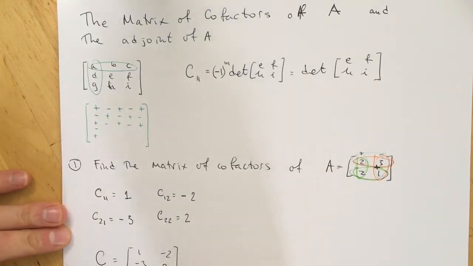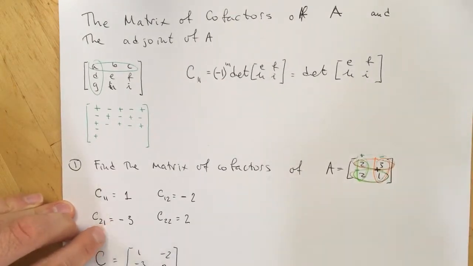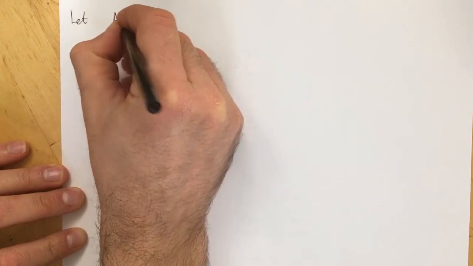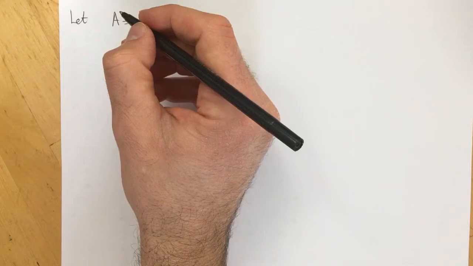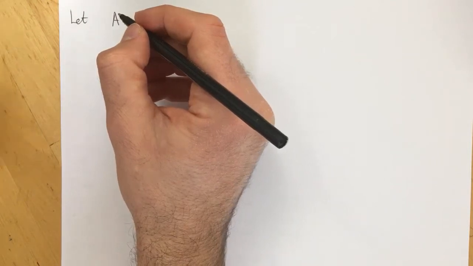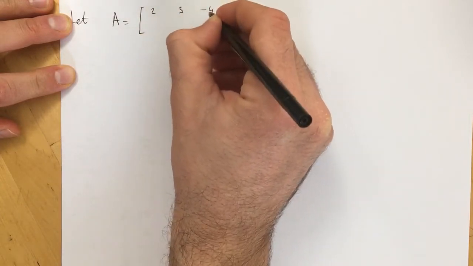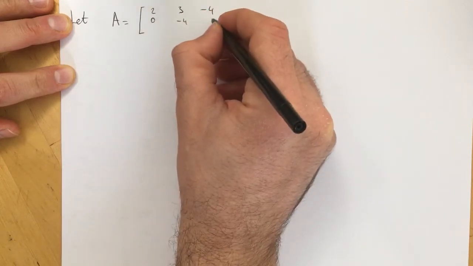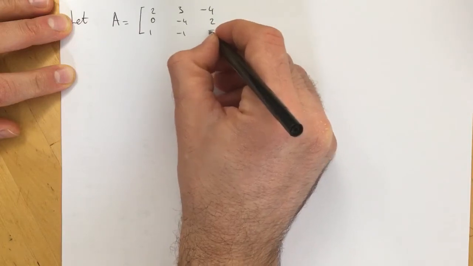So for a 2 by 2 matrix, this is very simple, okay? Things are becoming slightly more interesting because we have more calculation when we're talking about a 3 by 3 matrix. So let A be equal to the matrix 2, 3, -4, 0, -4, 2, 1, -1, 5.